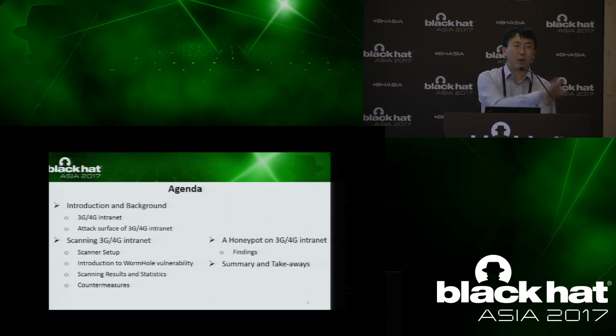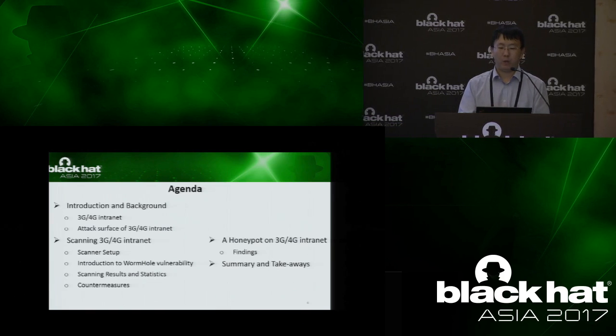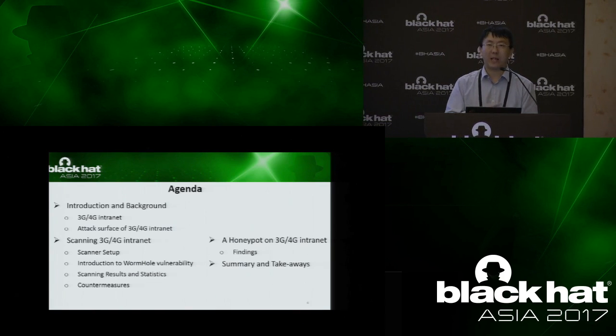And later, Zhang Qing will introduce the honeypot work, where we set up several honeypots to capture scanning and attacks in the 3G, 4G intranet. Here I introduce our findings and several interesting results. And finally, it will be a summary and several takeaways for you.